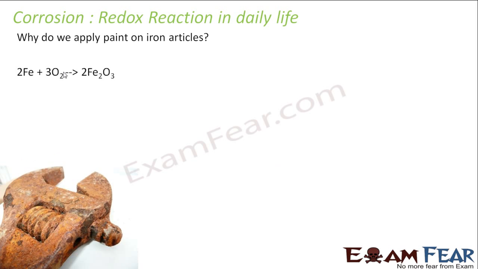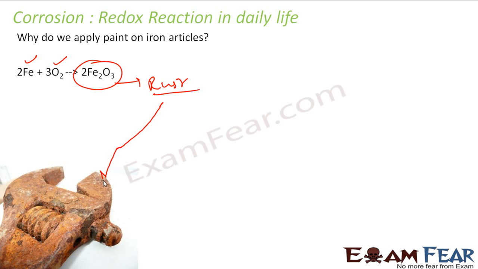The iron reacts with oxygen and gives Fe2O3, which is nothing but rust, which you see here. To avoid this, we paint it, so the iron won't come into contact with oxygen and Fe2O3 won't be created, and the rusting will be prevented.